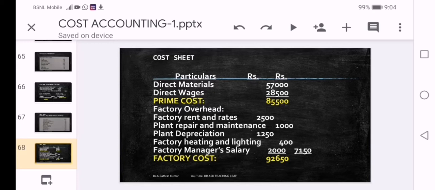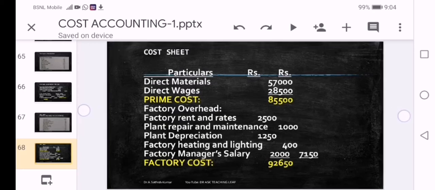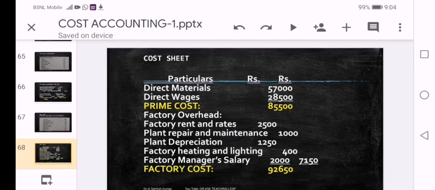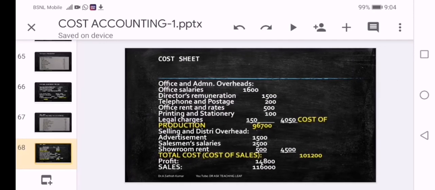What is this 7,150? Factory overhead. Already in the yellow color it is shown 85,500 as prime cost. To this prime cost, this factory overhead we have to add. All the overheads we have to keep on adding to the existing cost. So now 7,150 is the factory overhead added to 85,500 prime cost, so that you will get factory cost 92,650. So stage 1 is over.